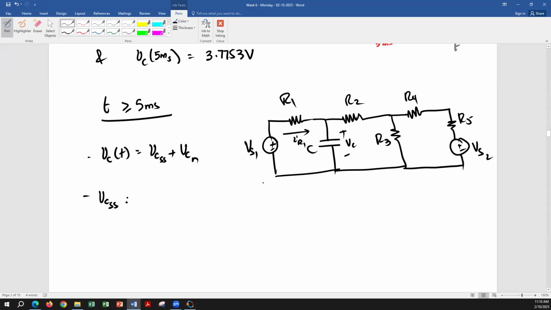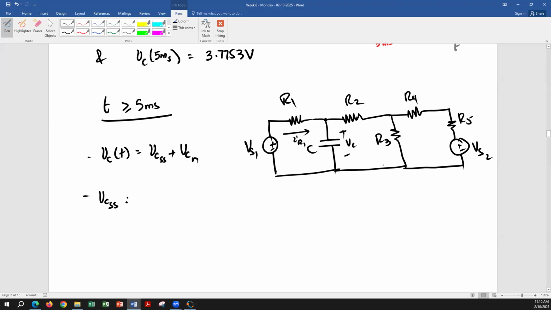Okay, so steady state means the capacitor is acting as an open circuit after being fully charged. You don't remove it, you will assume that the capacitor is not there, it's an open circuit. And you're trying to figure out what is the voltage at that node between R1 and R2. So this voltage you're trying to figure out.